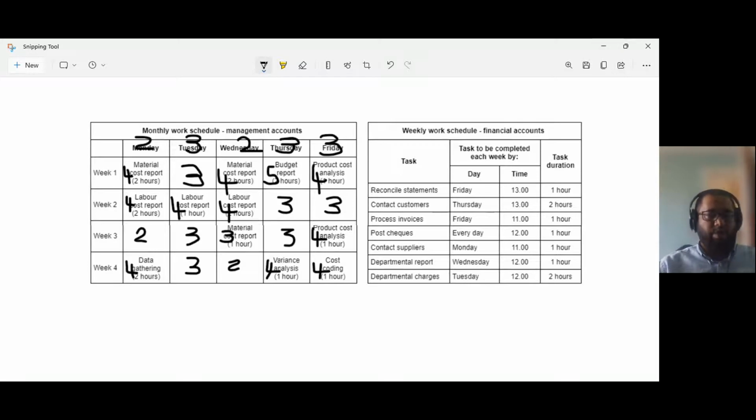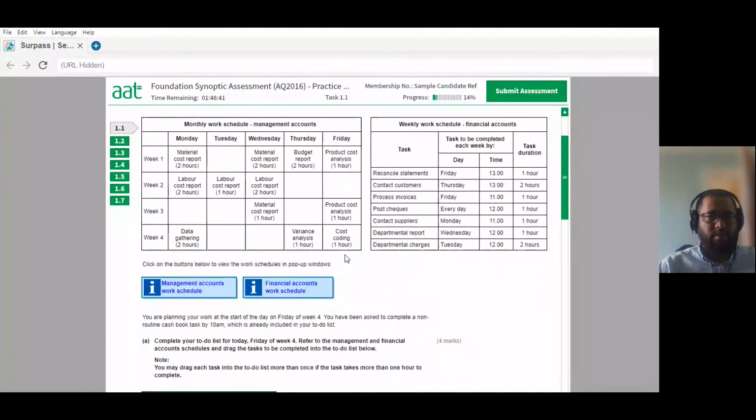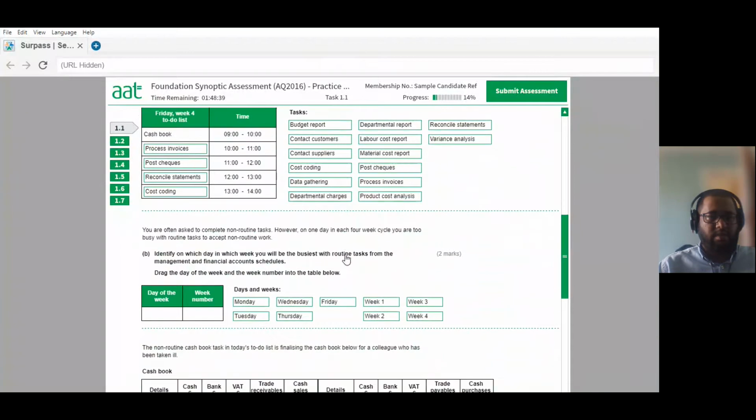The question, on the other hand, is slightly different. So let's go back to that question again. The question asked us to identify on which day in which week will be the busiest with routine from the management and the financial account schedule.